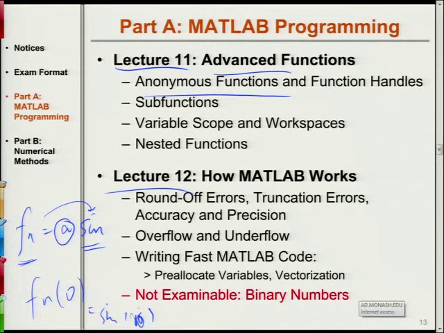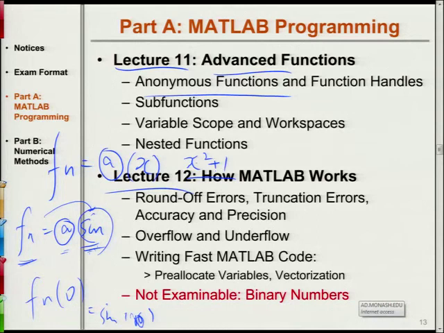So this is a function handle, of course, followed by the at sign, followed by a built-in function. It can also be an anonymous function. When you do an anonymous function, the format becomes: the input, for example the argument is x, and then followed by the one-line computation.